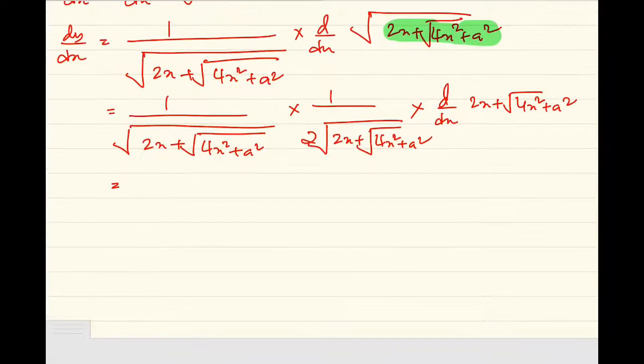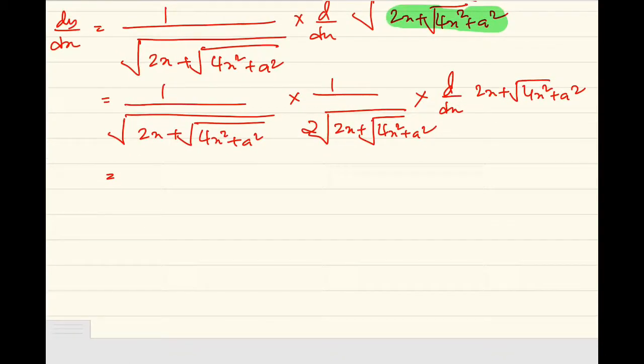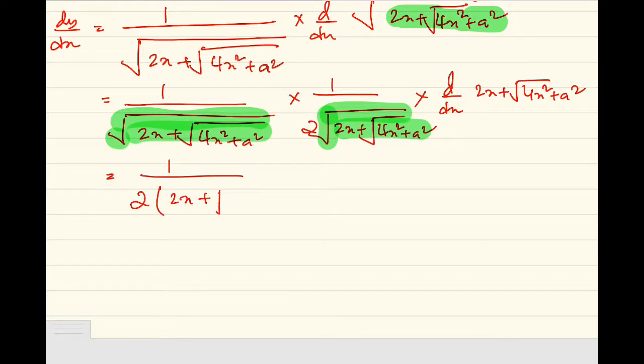Now that I have done this, let's multiply these two with the root. When I multiply these two, what do I get? 1 by 2 and root of the same thing. If it multiplies, then the root vanishes and you get this much. Correct?